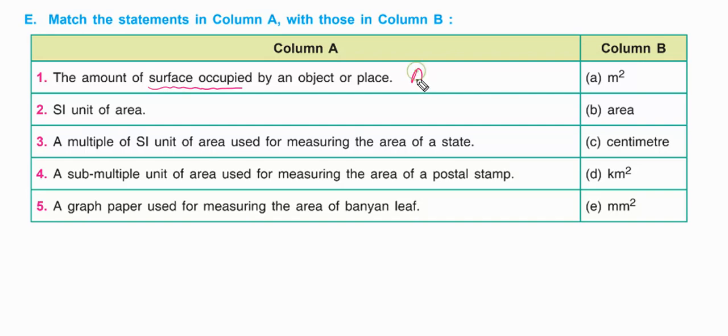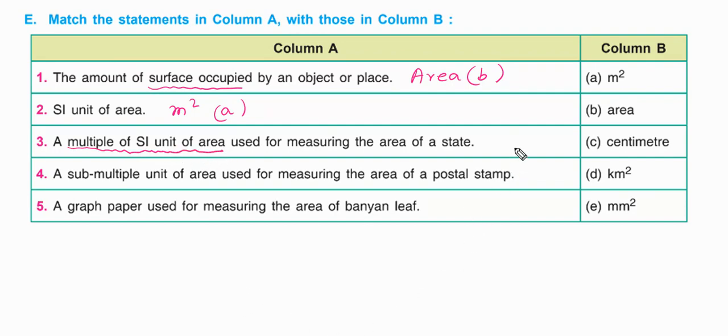The SI unit of area is meter square, which is option A. A multiple of SI unit of area used for measuring the area of a state.